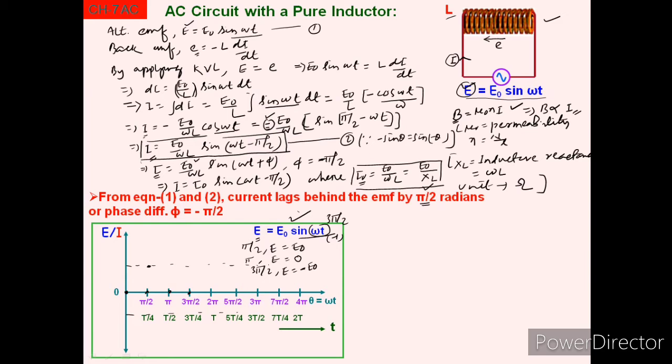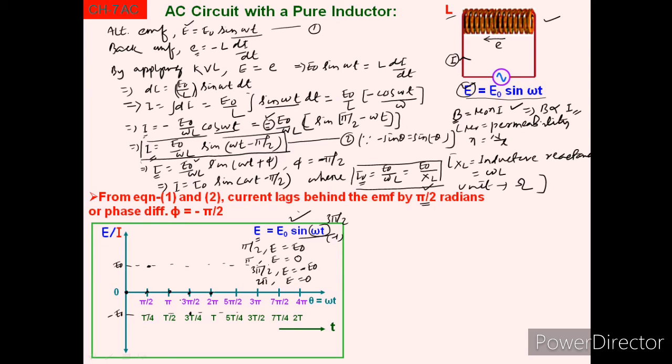Suppose here it represents the minus E naught value, then at 3 pi by 2 we get the point here. And when we put 2 pi, E is again 0, so it attains the 0 value again at 2 pi.